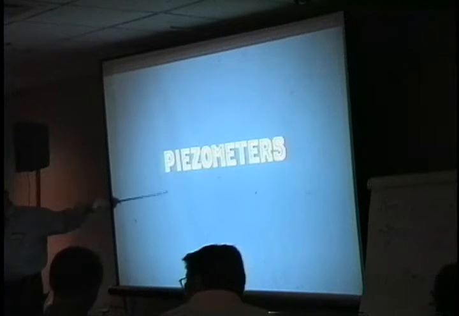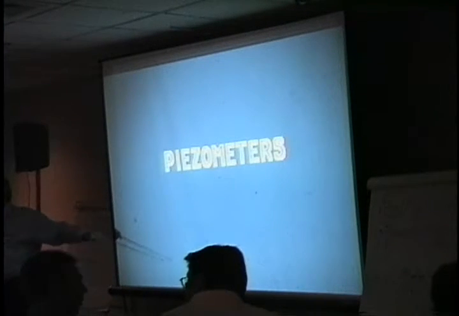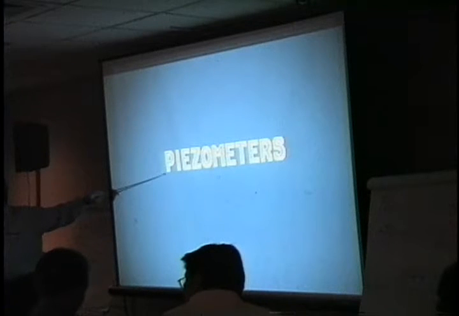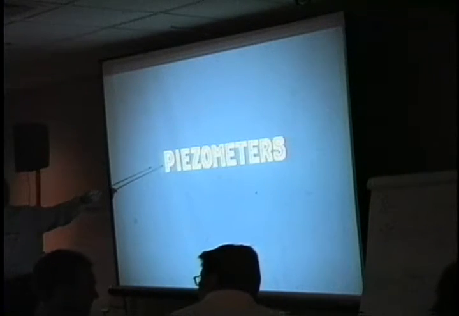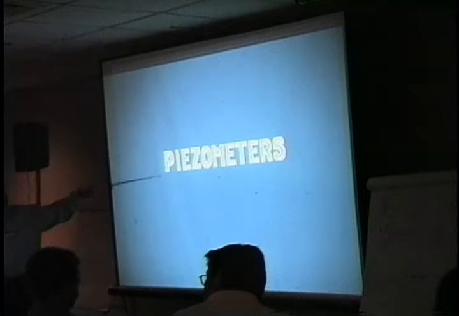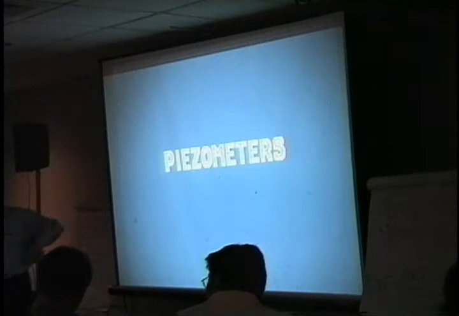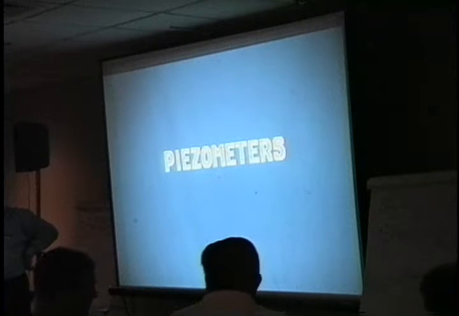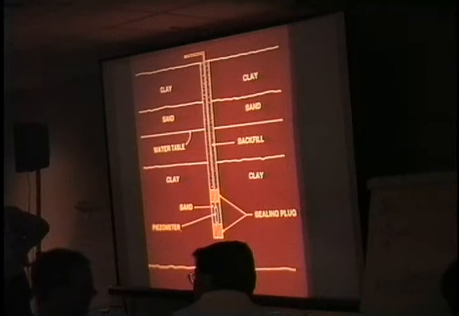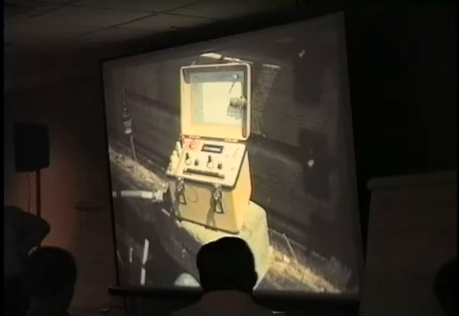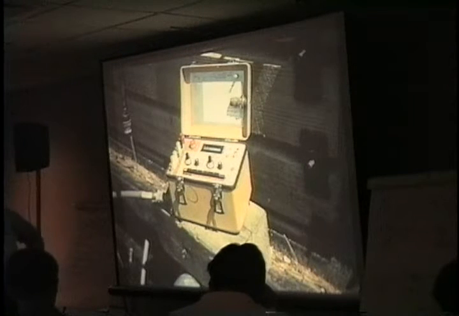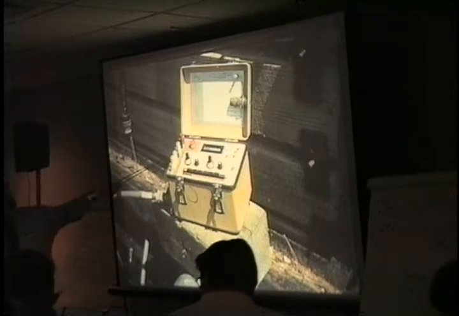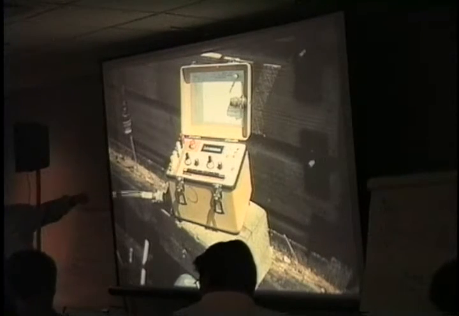So if you get it down into the weak clay material and you see increased water pressure, you've got to wait for that water pressure to dissipate before you load up that soil again. So piezometers are a good way of monitoring the pressure. They're installed just like a water well would be installed. And then you take electronic readings.